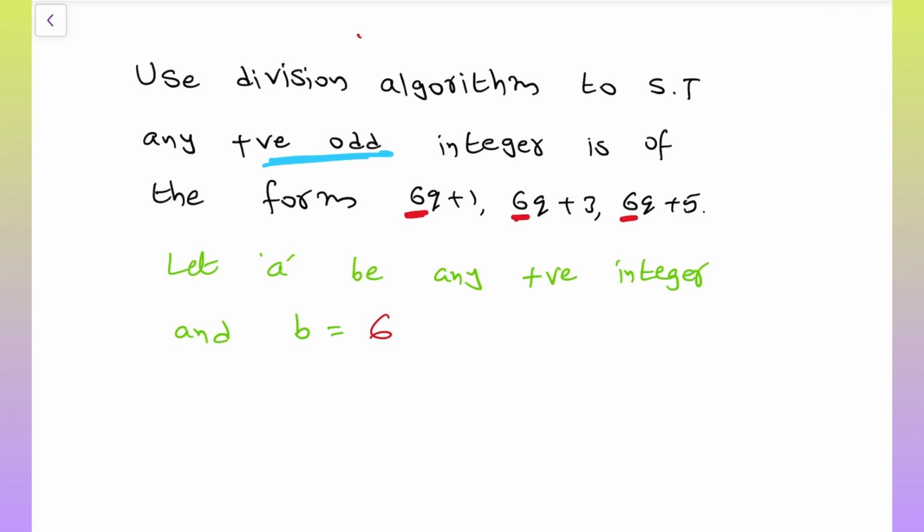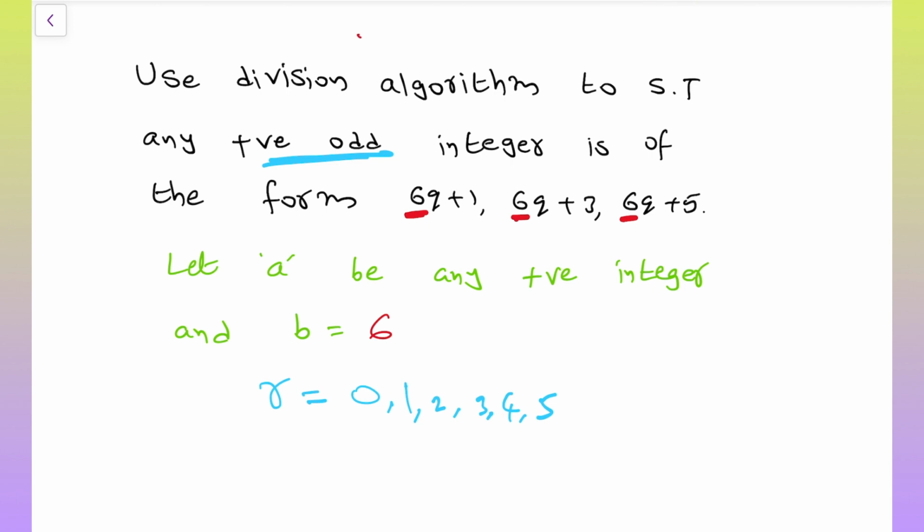So if b equals 6, then what are the possible remainders? Always the remainder will start from 0 and it will be less than the divisor. Here the divisor is 6, right? So it should be less than 6. So 0, 1, 2, 3, 4, 5.